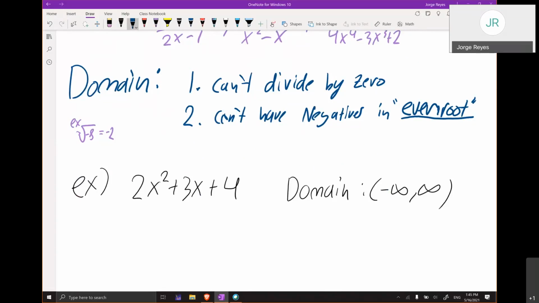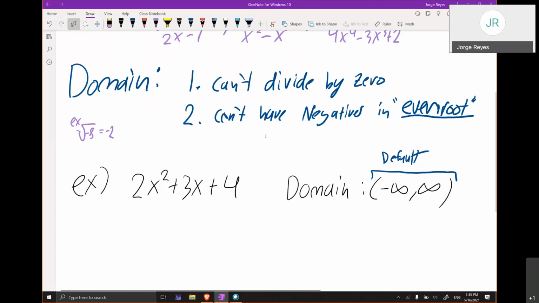For the most part, this should be your default answer. Every polynomial has domain -infinity to infinity, and later on we'll find some other functions that are also the same. It's only when these two rules might get broken that you have to start worrying about whether the domain is not this.